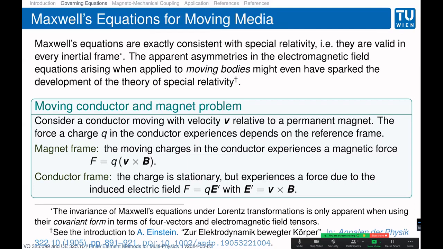If you look in the magnet frame that produces the magnetic field, then the moving charges in the conductor experience a magnetic force. So this is the magnetic force from the field. They have a velocity and the magnetic force is v times B. However, if you look in the conductor and you move with it, the magnetic field never changes. And what you experience is, so to say, an electric field, and the charges feel this electrostatic force Q times E prime.